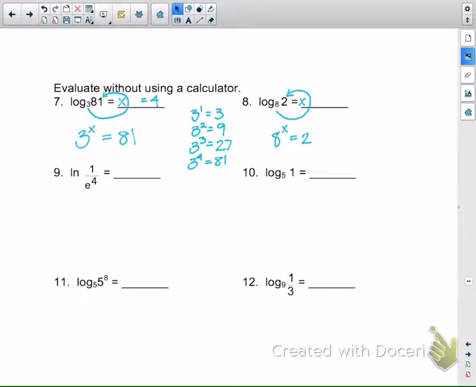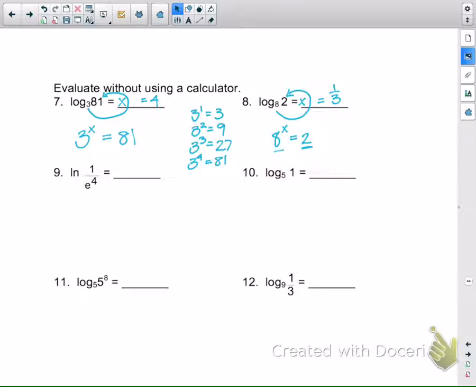It's not going up in powers, it's going down, which means usually what kind of exponents do those involve? The fraction exponents. So sometimes I have to think the opposite way. If I was doing 2 to the what power gives me 8, that would be 2 to the 3rd, right? So if I'm going backwards from 8 to 2, it's going to be 8 to the what? 1/3, which is the same as a cube root.